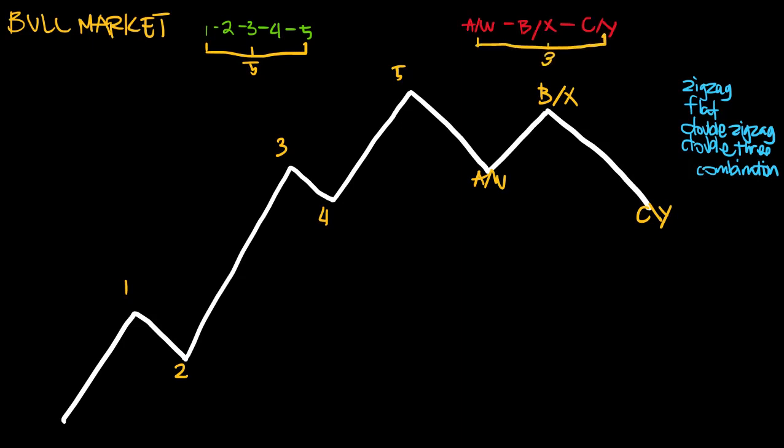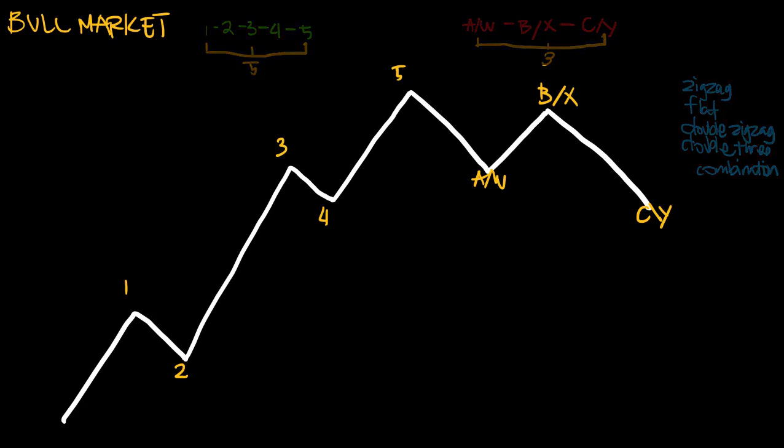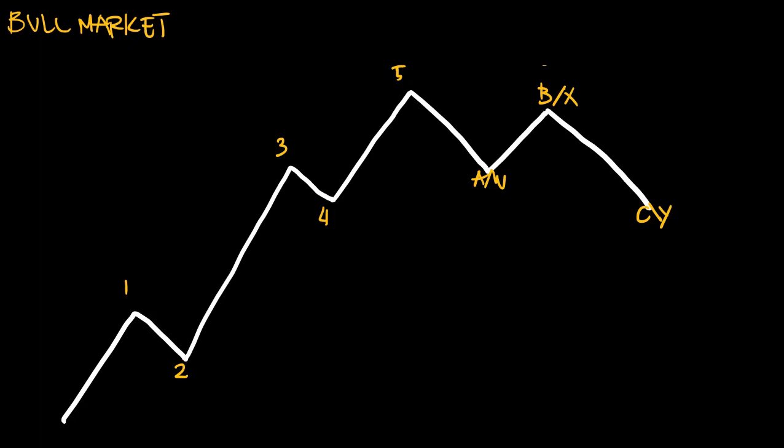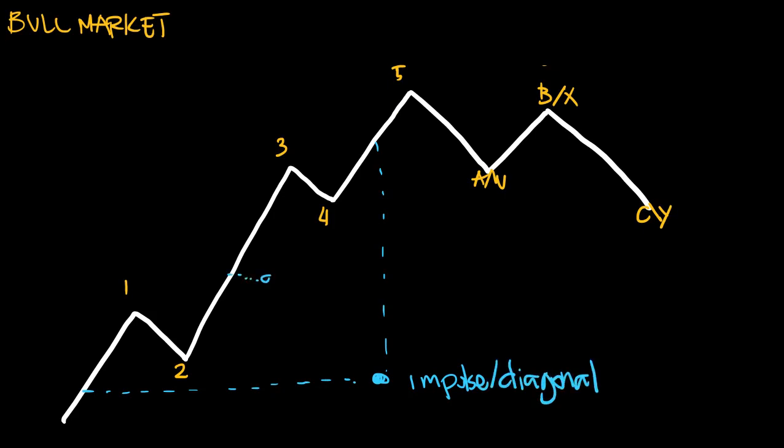Zooming in, if we take a closer look, there are interesting objective points that we can see in the following subwaves. The first point is that inside the larger motive wave, waves 1 and 5 can either be an impulse or a diagonal, while wave 3 should always take the form of an impulse.